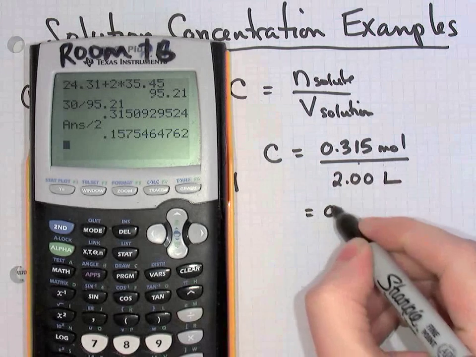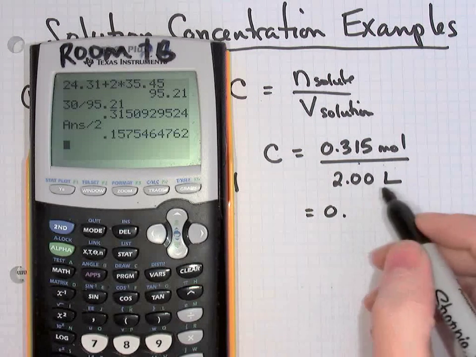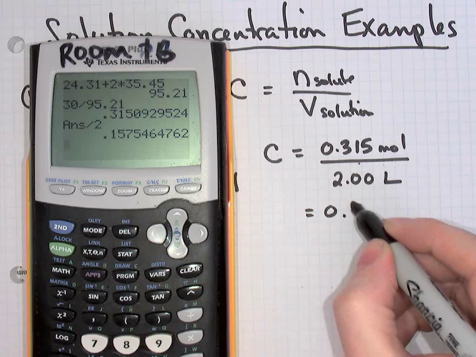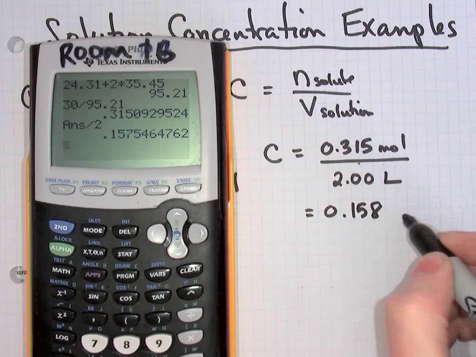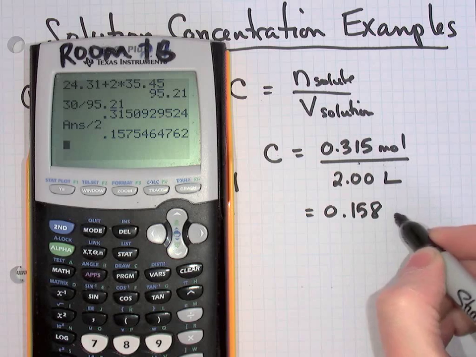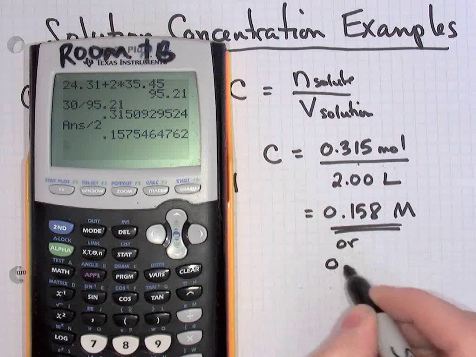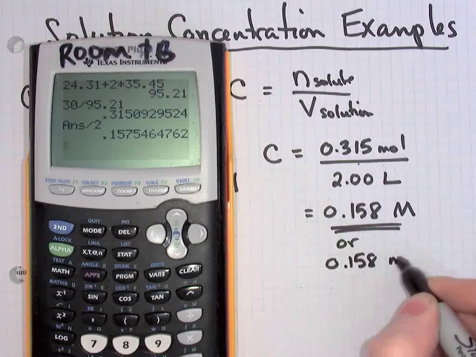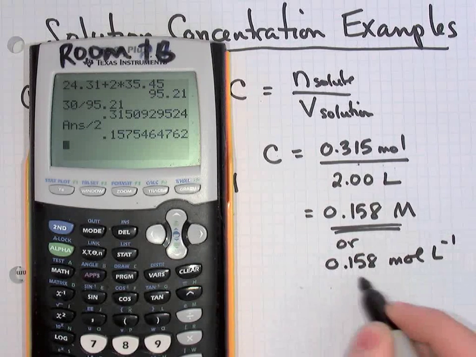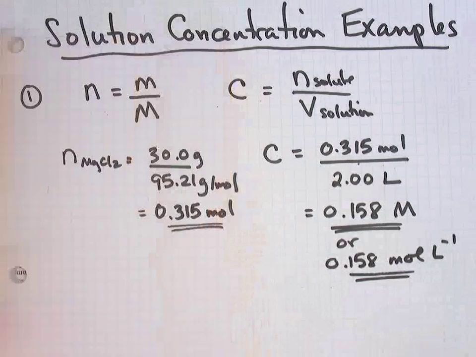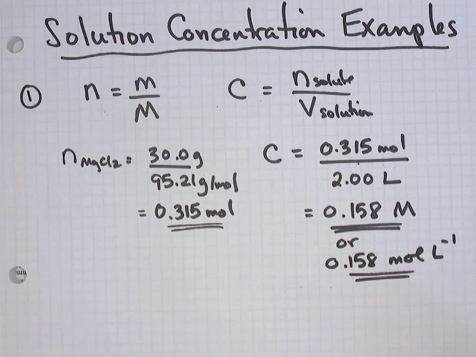So there'll be 0.1575, I'll write 0.158 moles per liter, or molarity. Either way of writing it is acceptable.